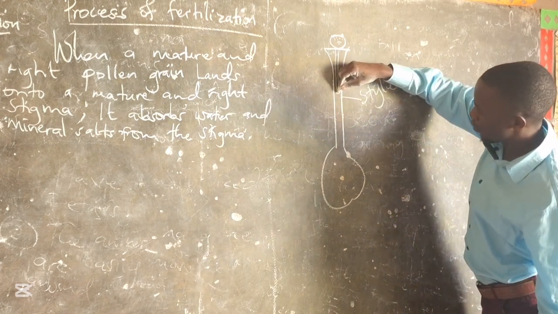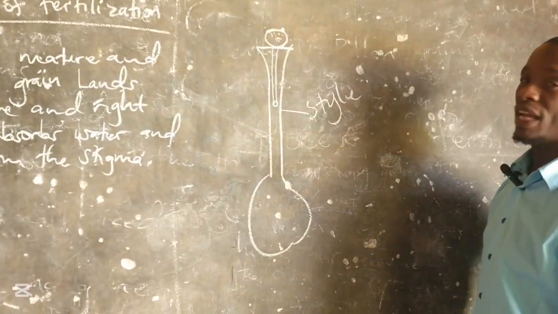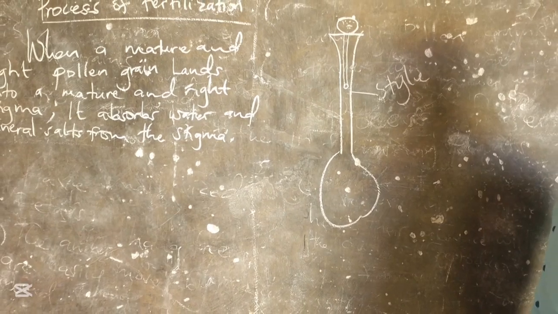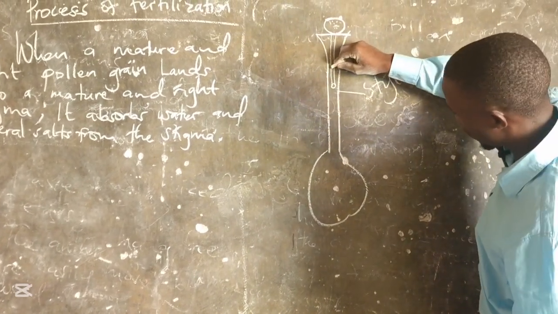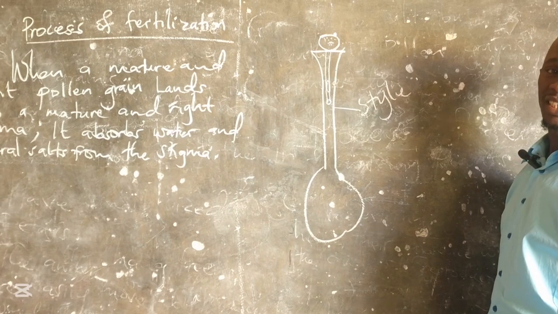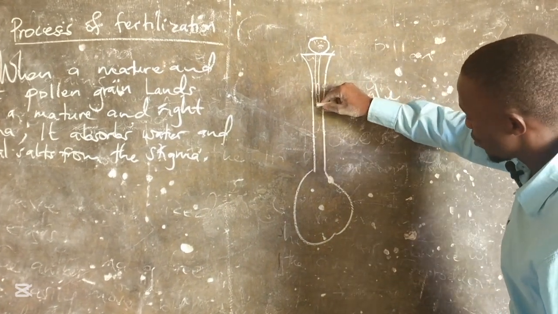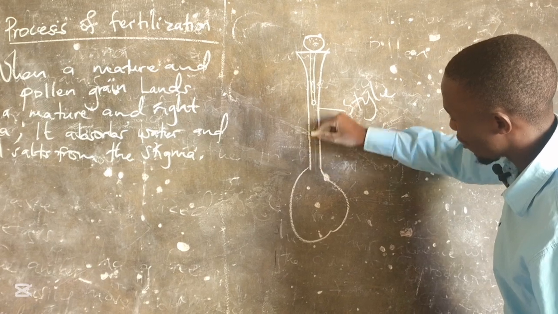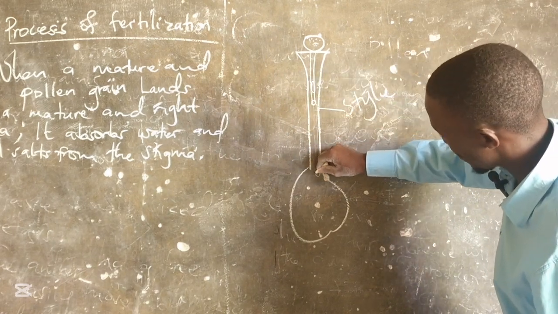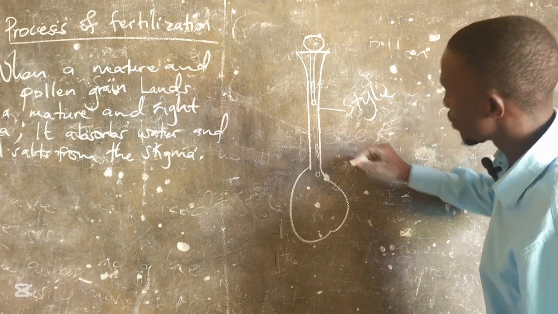As this pollen tube grows, it is led by the pollen tube nucleus at the tip, as the generative cell nucleus is lying just behind the pollen tube nucleus. As this pollen tube grows downwards towards the ovary, the generative nucleus that is lying behind the pollen tube nucleus divides to form two male nuclei.